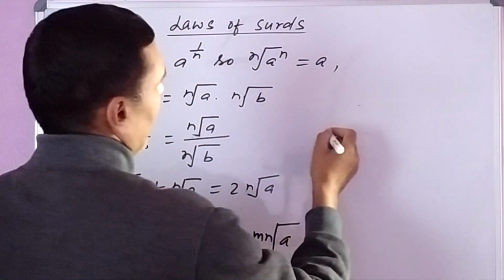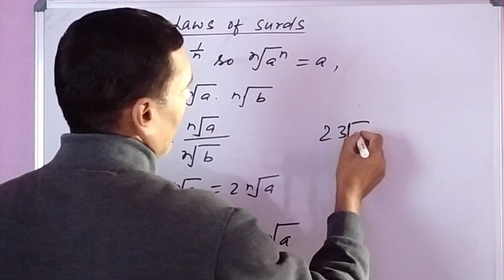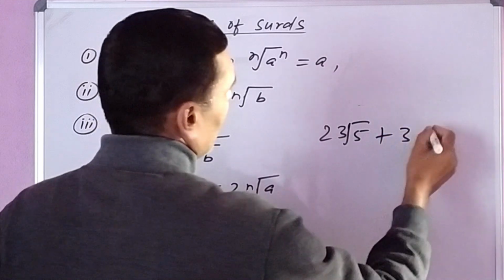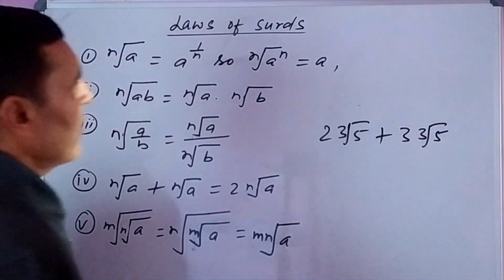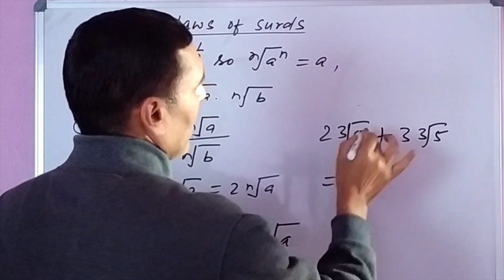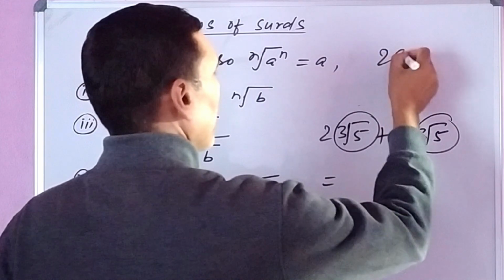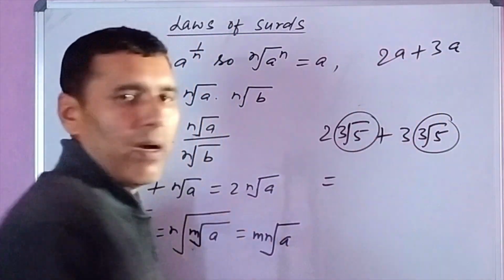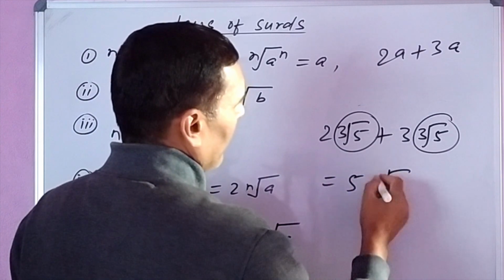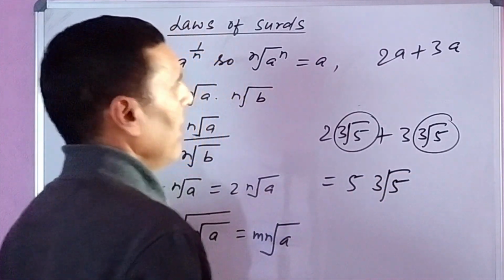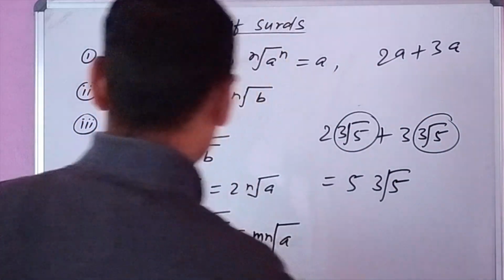Sometimes if we have 2 times cube root of 5 plus 3 times cube root of 5, now we can add these two because we have the order and radicand the same here. It is just like 2a plus 3a in algebra. So it is 3 plus 2, it is 5 times cube root of 5. It is very simple. We just follow the algebraic rule of addition and subtraction here.